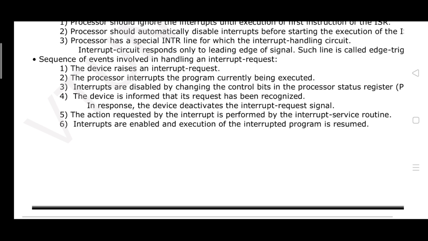The INTR line was deactivated earlier while executing the interrupt service routine. Now the interrupt service routine is executed, right? Things are delivered to the requested device. So immediately it will reactivate the interrupt request line, so another person can ask a doubt, right? That's it.